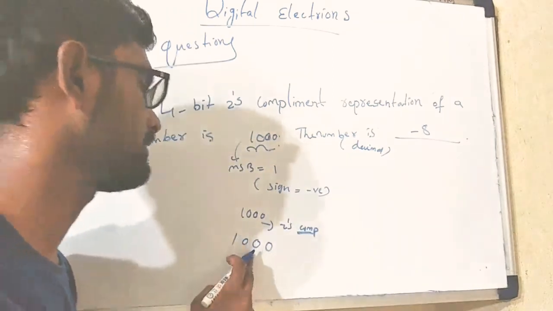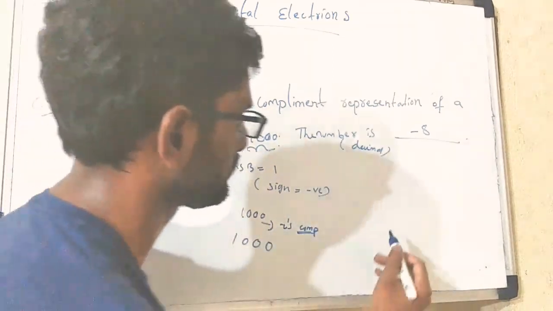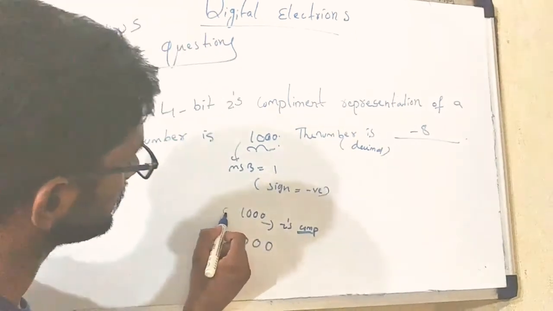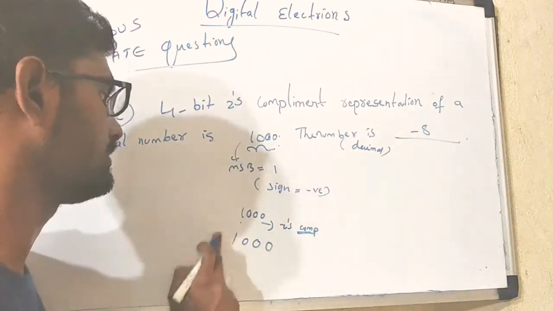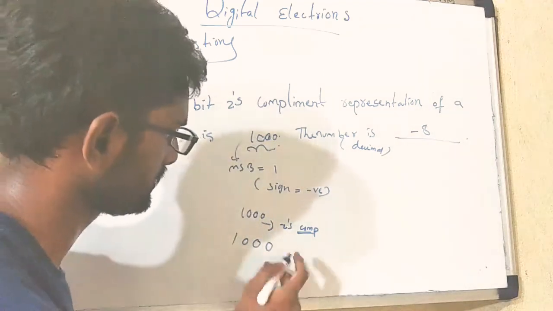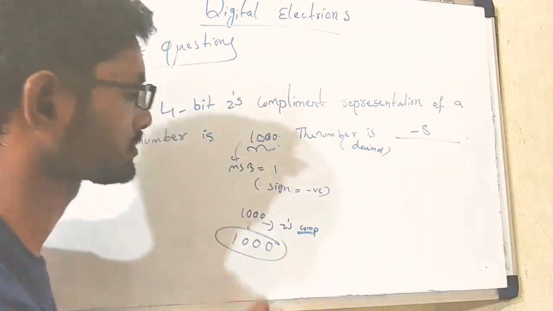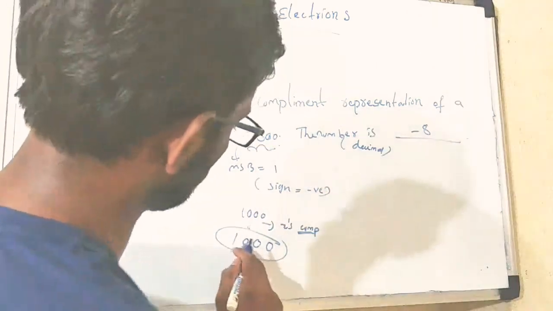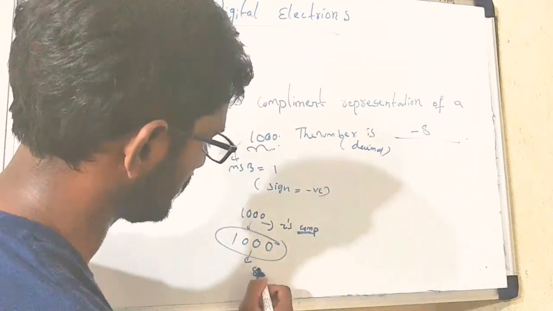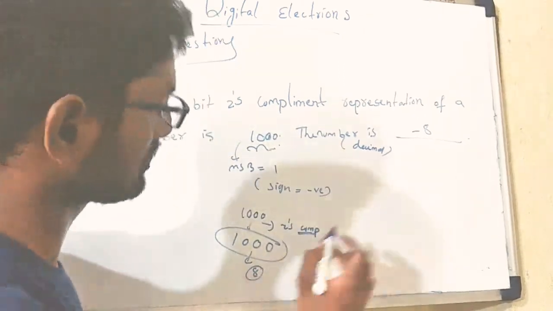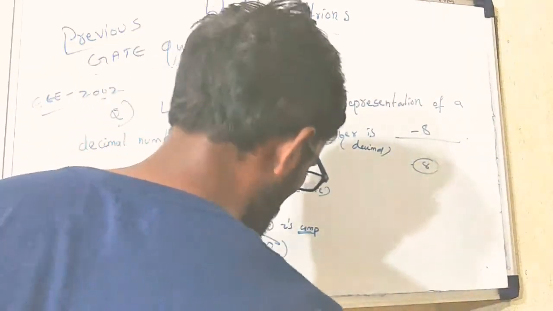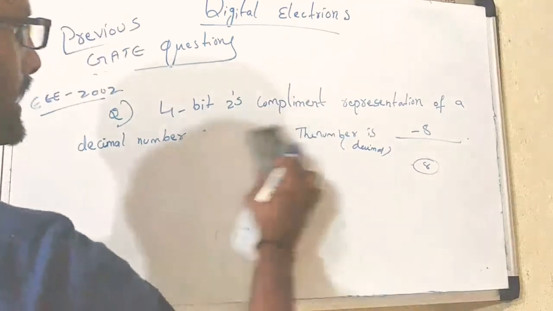This is the 2's complement value for this. If there is another digit before the 1, we have to complement it, but before the 1 there are no digits, so the number is the same as the 2's complement value. So the value of 1000 is 8. We have got the MSB as 1, so the number is negative. So the value is minus 8. If we use the shortcut, we will get the answer directly.